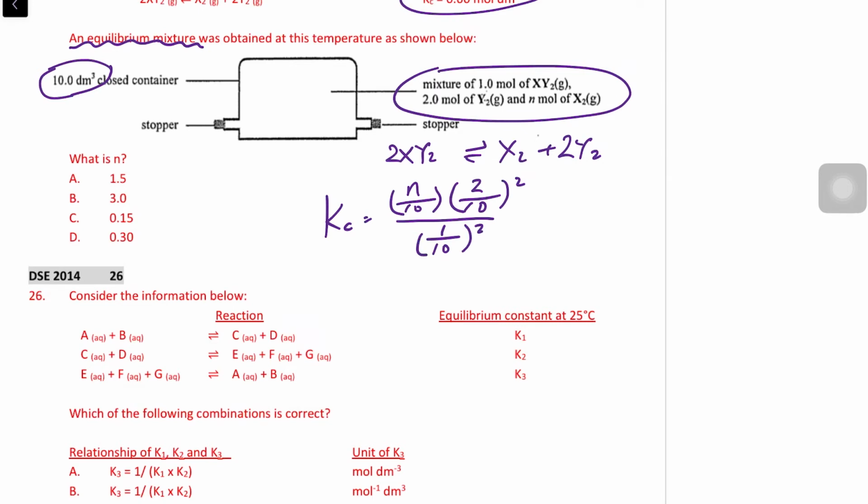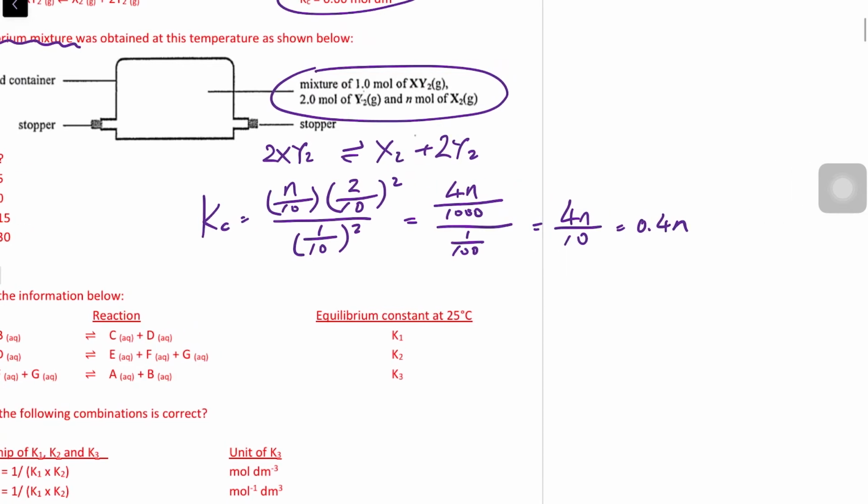So the answer for Kc is x squared, so no, X2. X2 is n over 10. Y2 is 2 over 10, but this time we need square. And the reactant is 1 over 10. Again, we need to square. After doing some calculus, this should be 4n over 1,000 and 100. Further elimination is 4n over 10. It should be 0.4n, and according to the given information it should equal 0.6.